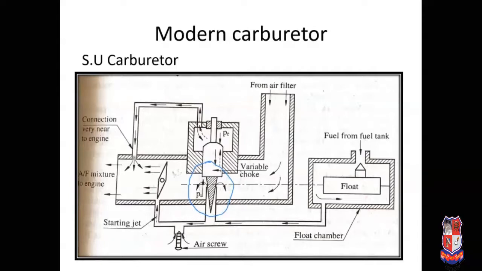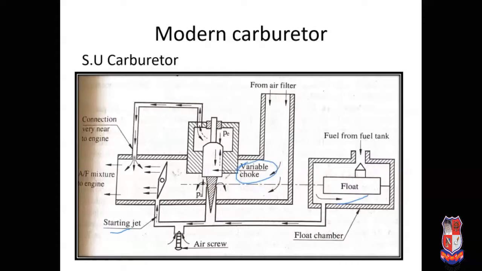Now let us see the construction of this SU carburetor. Again here in the SU carburetor, the float chamber and starting jet are as usual. Next, another component of the SU carburetor is the variable choke. Here you can see the variable choke.